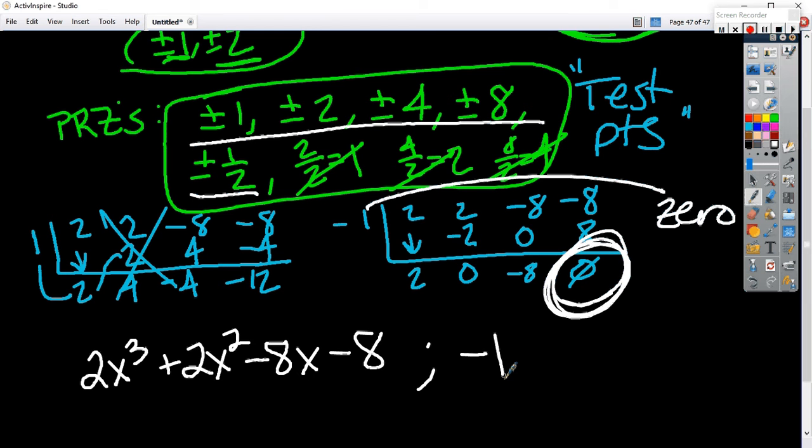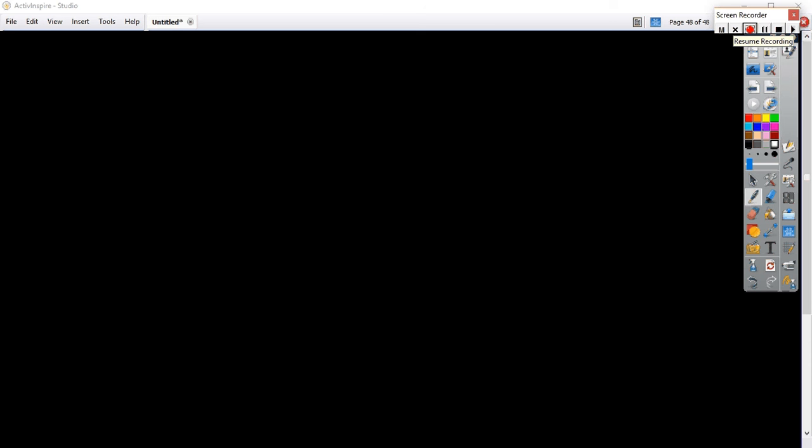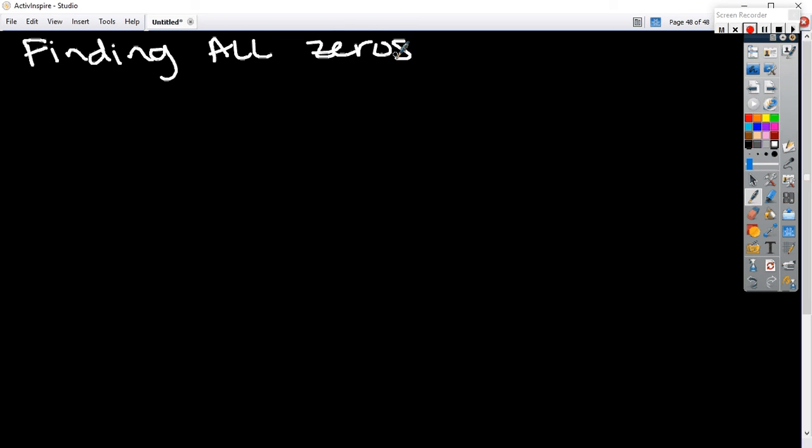We did 2 things yesterday: we factored completely given a factor, and we found all zeros given a 0.